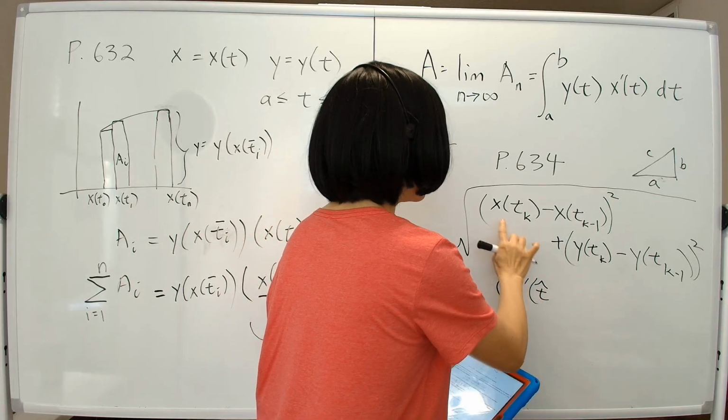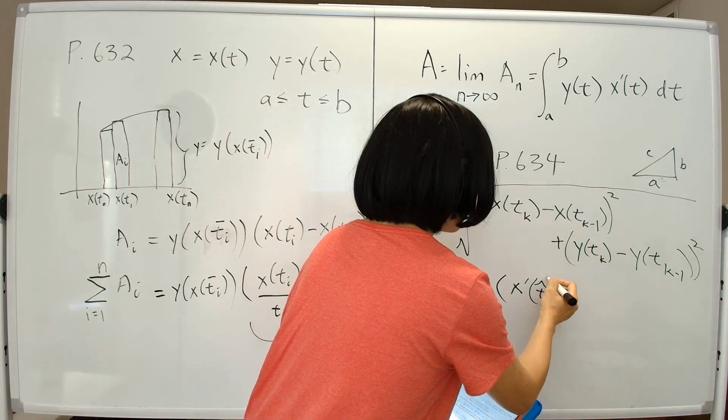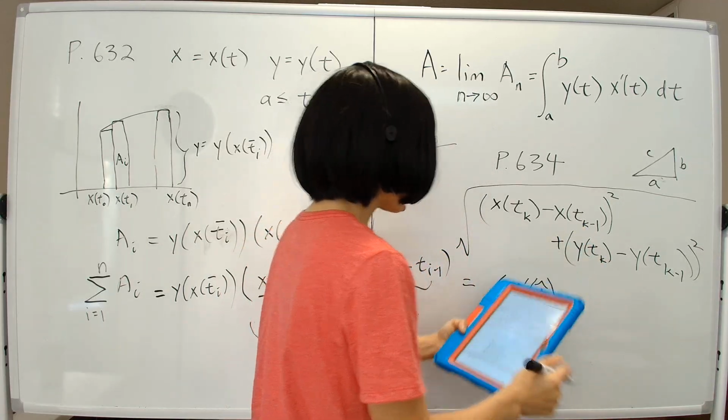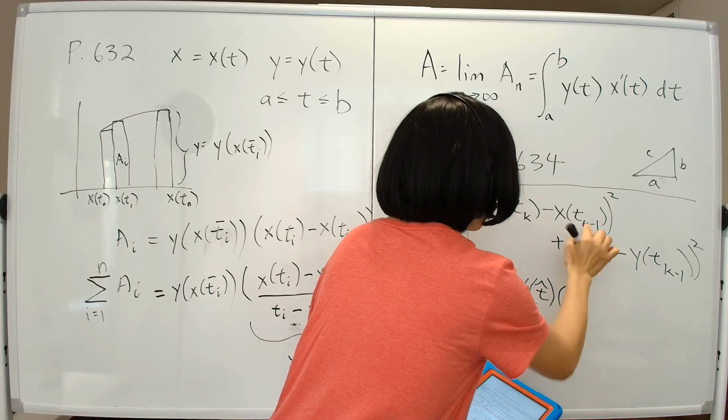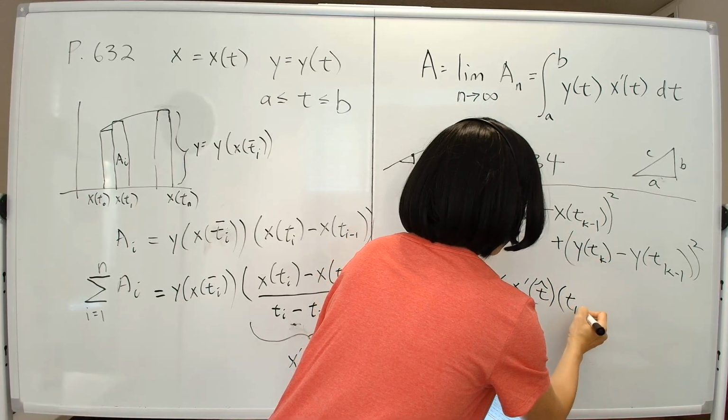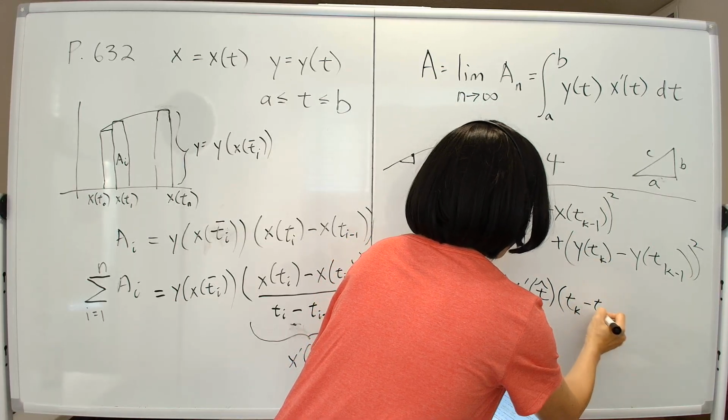It equals the derivative times the t difference, so t_k minus t_{k-1}.